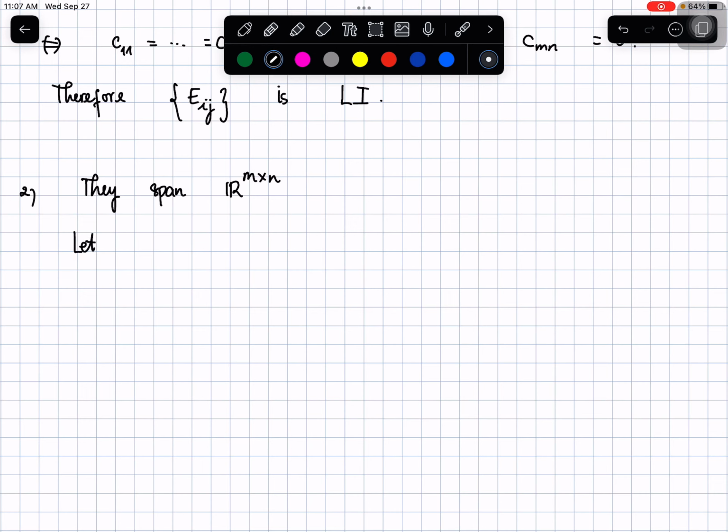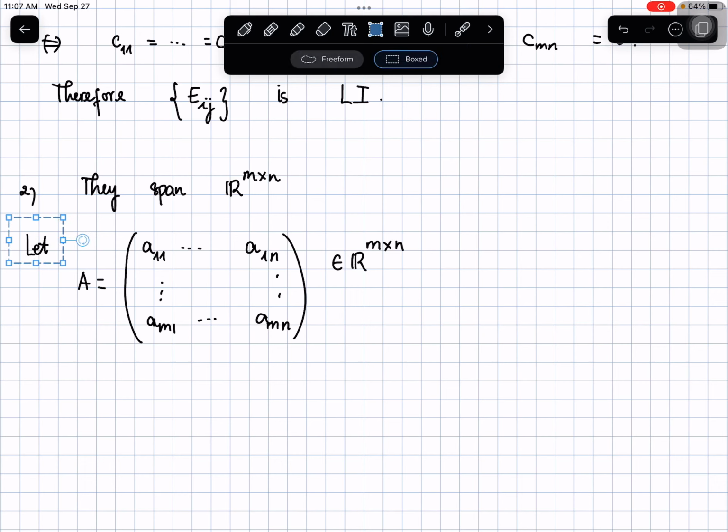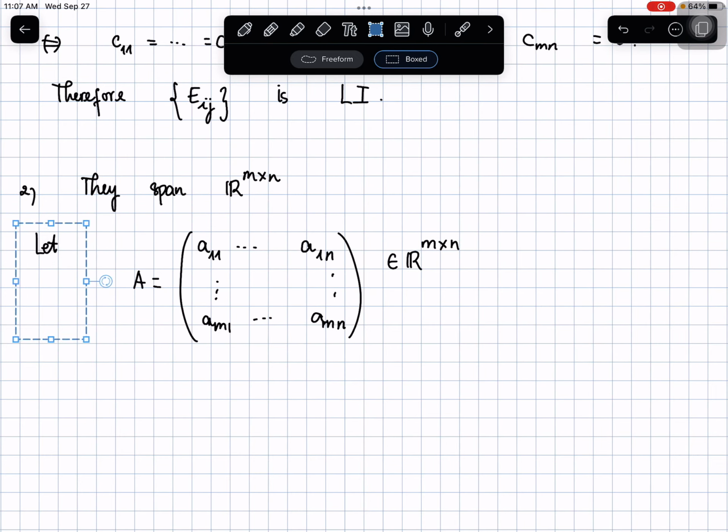And now for the span of R^(mn): let's say a matrix with entries a11, a1n, am1, amn. This matrix is an arbitrary matrix in R^(m by n), and this matrix A can be written as a linear combination of all the matrices Eij, right?